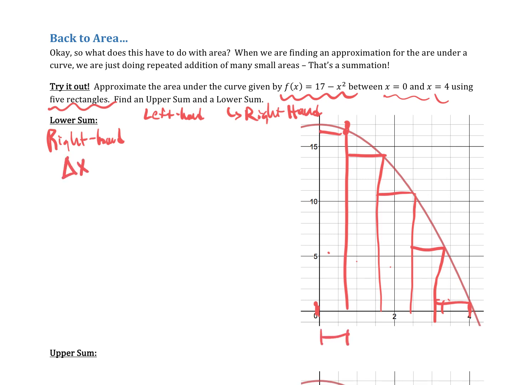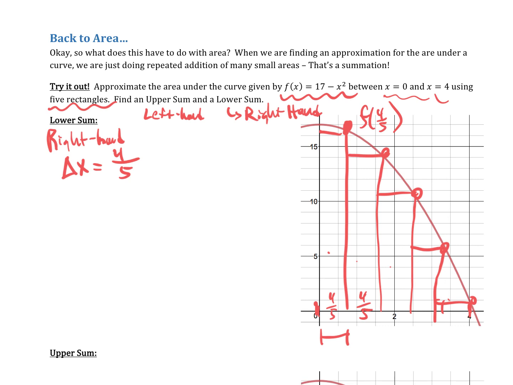So delta x is going to be the width, 4, divided by 5. All right? So we have 4/5. Now, if we want to find the area of each of these, we'll need to find the value of f at each of these. So this height here would be f of 4/5, because this is 4/5 wide.